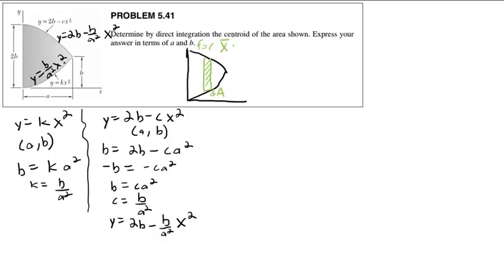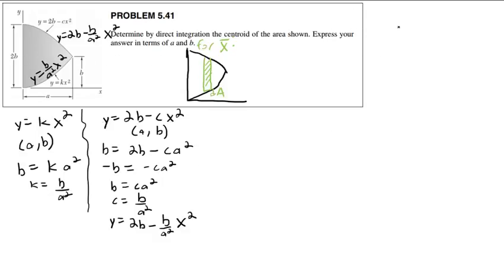Sorry, does that mean that we just need X bar? Exactly. We only need X bar, because I can see by the slope and the equation that the only thing changing with respect to X is this term here. So I can clearly see that this is a symmetric shape about the line y equals b.